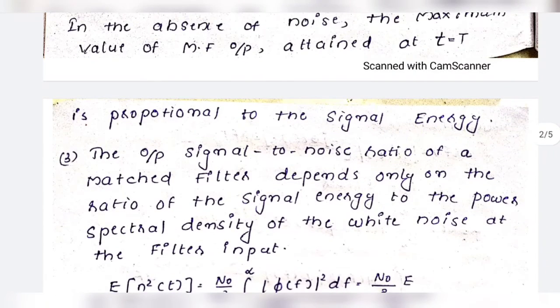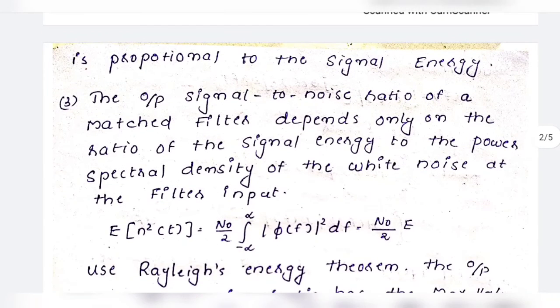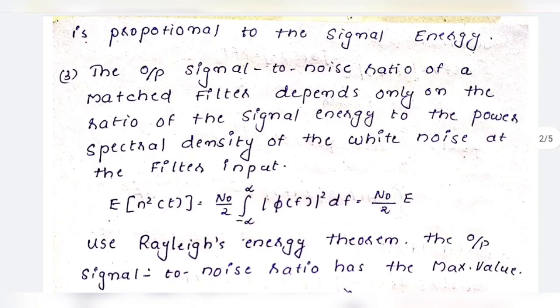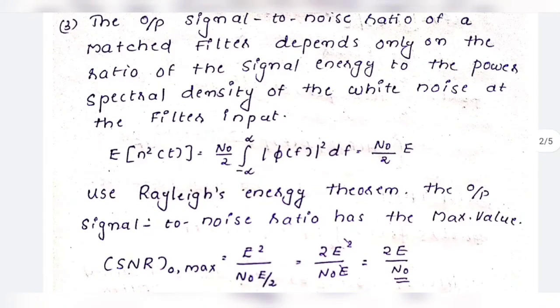Now look at the third property. The output signal to noise ratio of a matched filter depends only on the ratio of the signal energy to the power spectral density of the white noise at the filter input. So look at the equation.